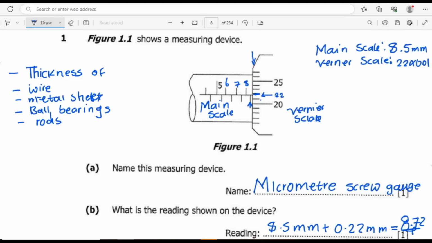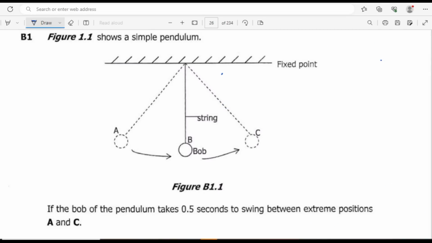Then question 2, we'll just look at a simple pendulum. If we encounter a question on a simple pendulum, what cases can we expect and how can we handle such questions? So figure 1.1 shows a simple pendulum, and we have a fixed simple pendulum because of these lines here.